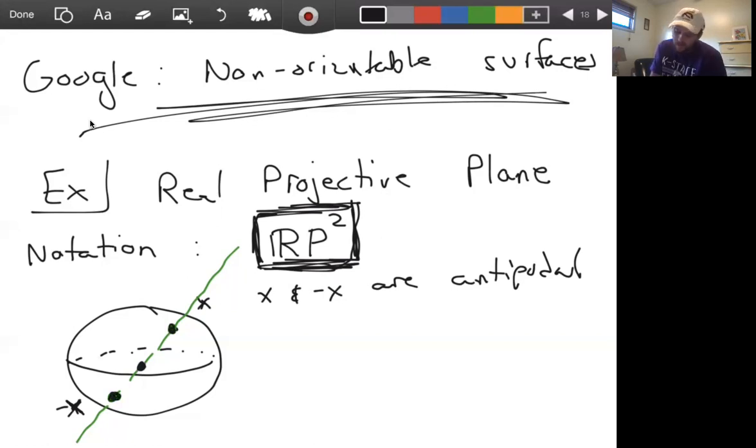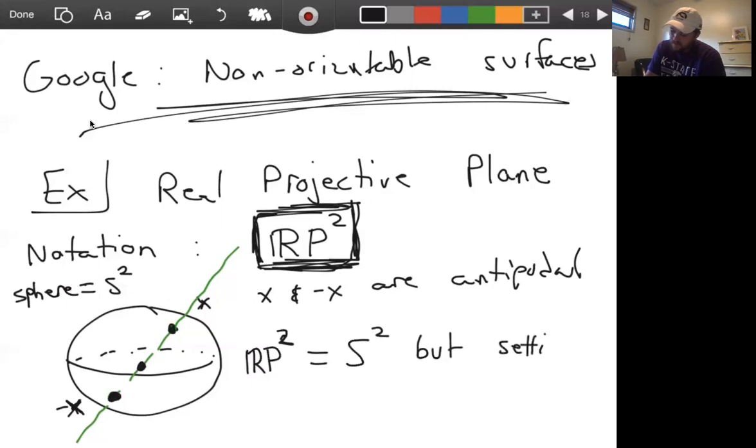And RP2 is generated by taking the sphere. So we will indicate the sphere. Let's call this surface S2. RP2 is given by taking S2, but setting X equal to negative X, or I would say identifying.